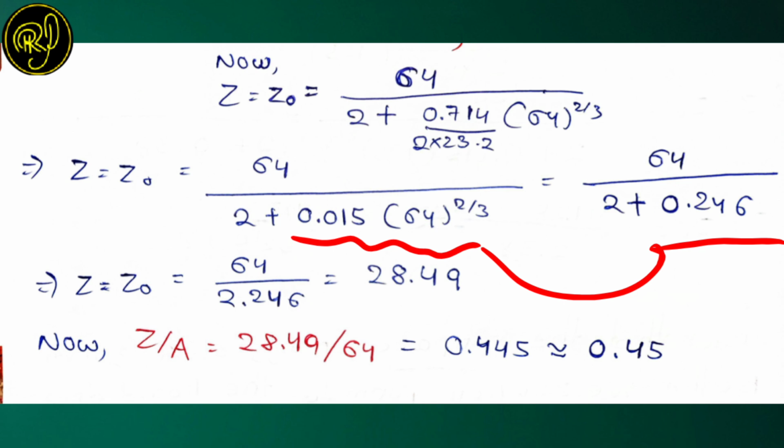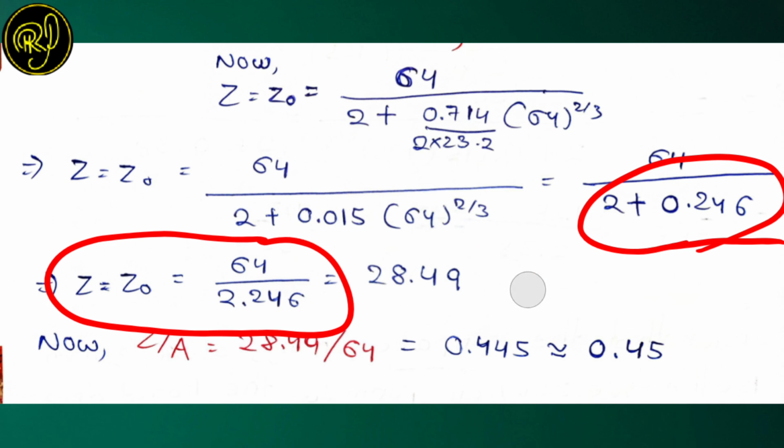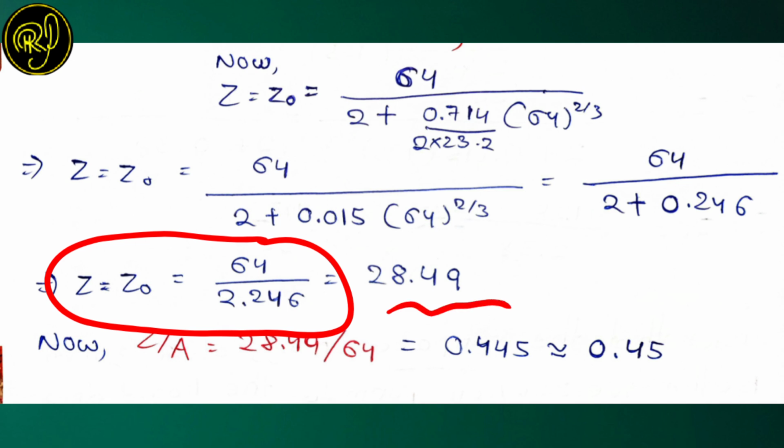Okay, hence I am getting that Z is equal to Z naught is equal to 64 by 2.246. I simply add it, that is 2 plus 0.246. It is coming to be 2.246. So that is Z is equal to Z naught, which is equal to 64 by 2.246. If I calculate it, then it is coming to be 28.49.